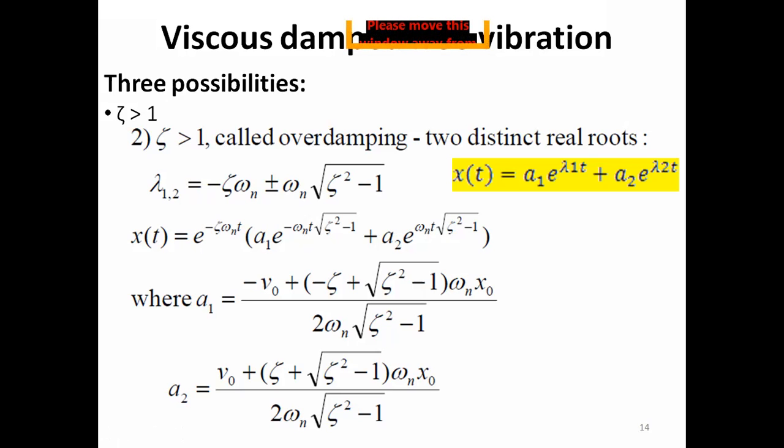So with the passage of time, when you disturb the system, the displacement would diminish and the system would come back to the equilibrium position. So just looking at the response of the system, we could very easily predict or analyze that there would be no vibration also in this case.